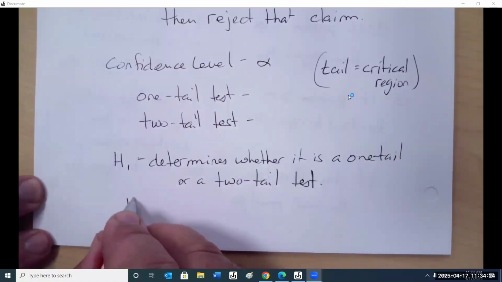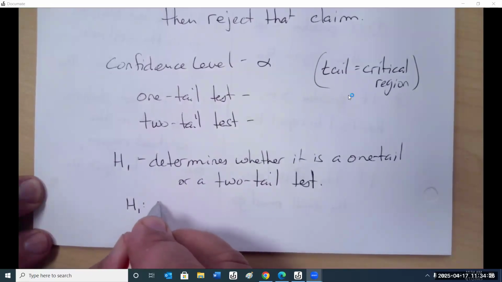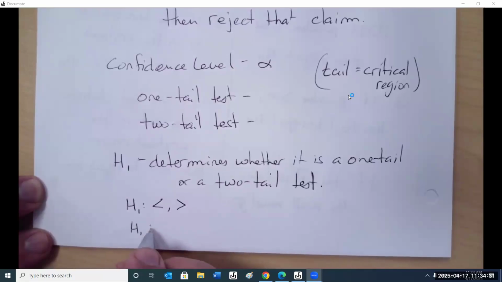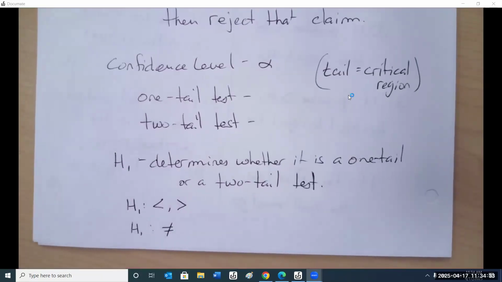Because remember, the alternate hypothesis can only have less than, greater than, or not equal to.